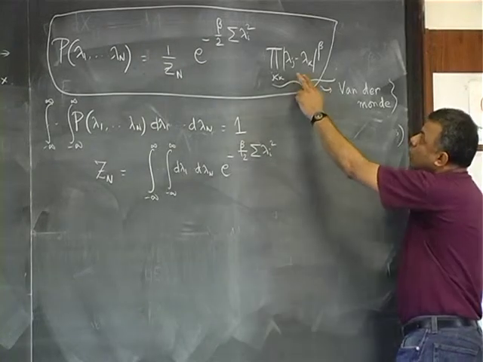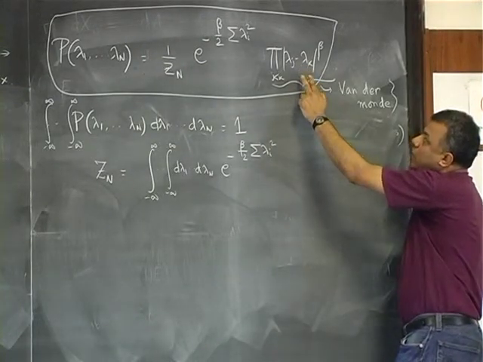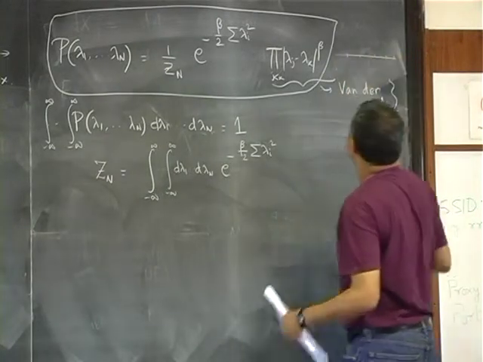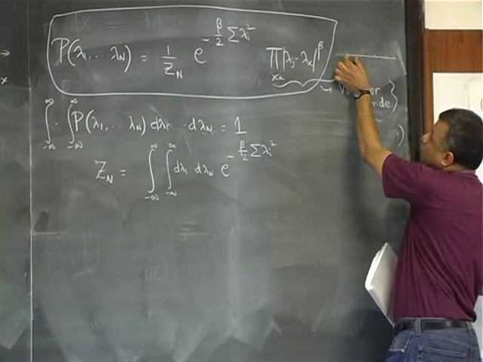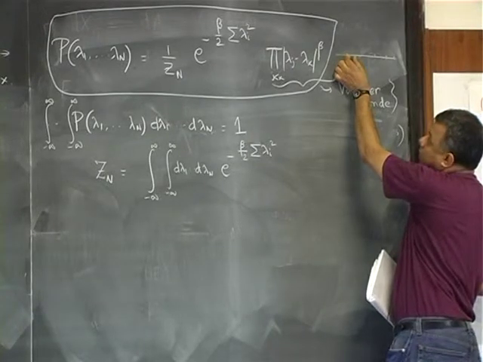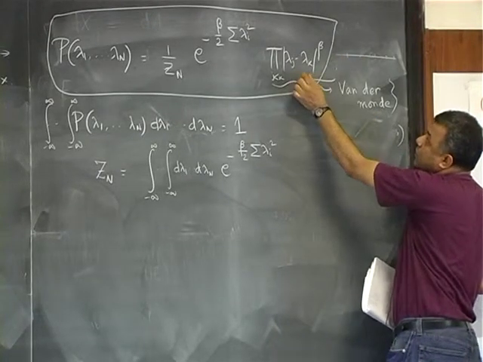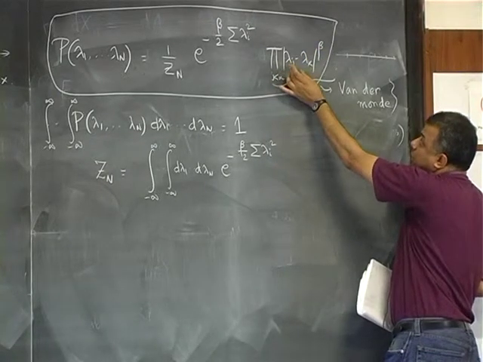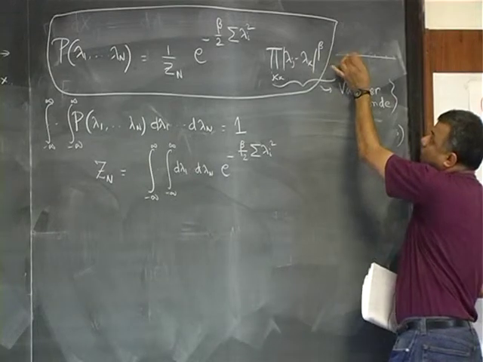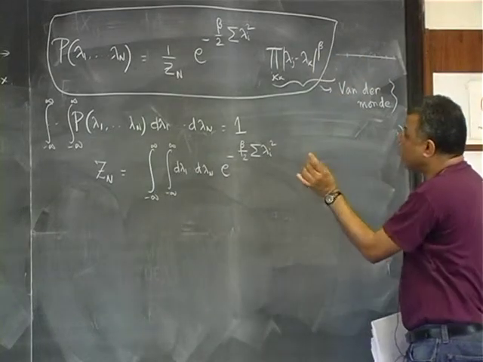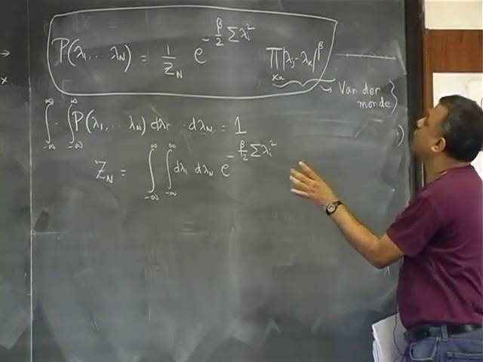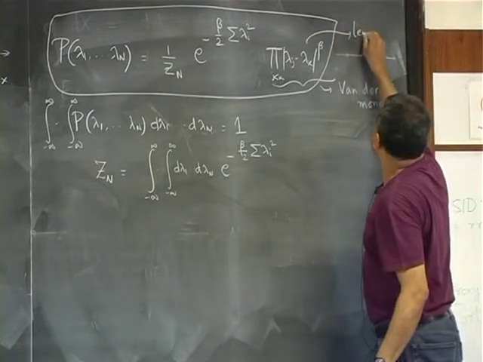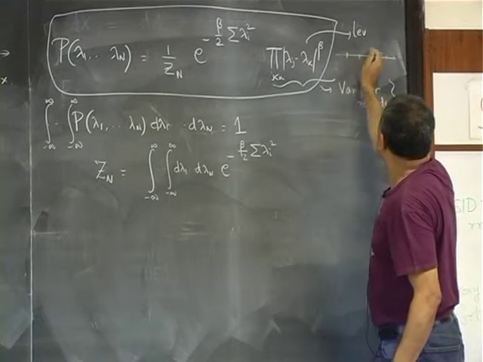You see, these eigenvalues are on the real line. When two eigenvalues come very close together in some configuration, the probability of such a configuration is very, very small, because this factor is some positive power, beta. That means it vanishes when the two eigenvalues come close together. So the probability is very small, which means they don't like to come close to each other. This is what is called level repulsion. The levels repel each other.